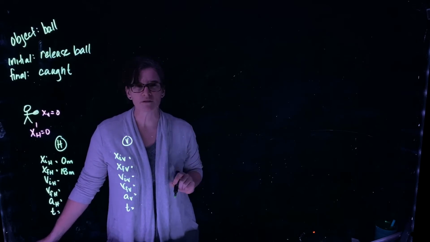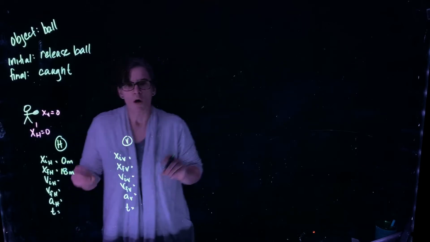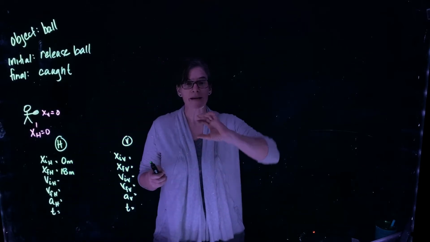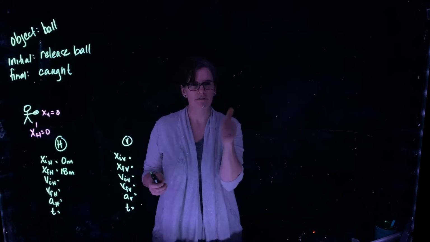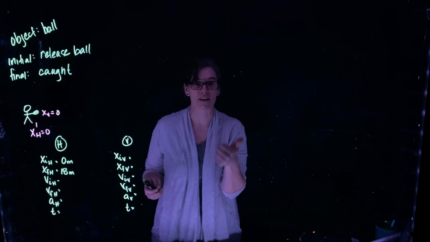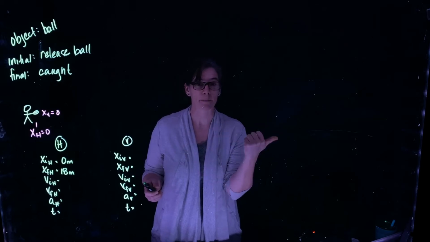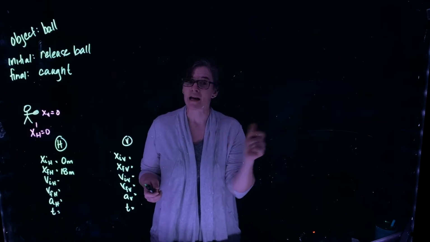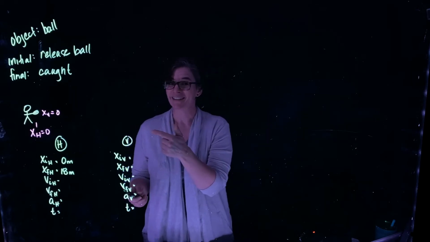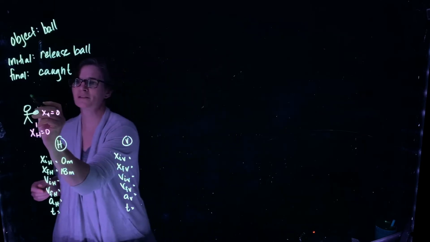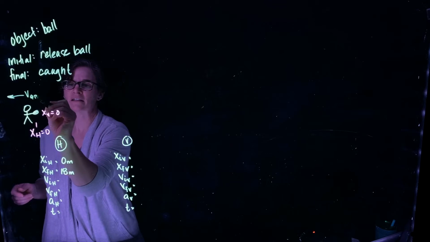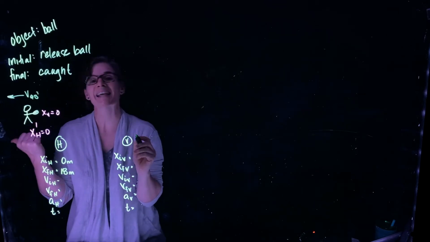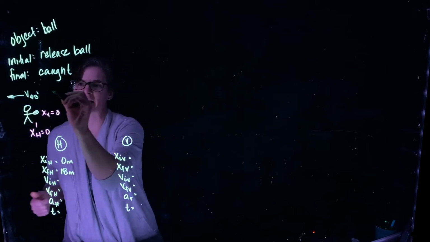Now our initial horizontal velocity, we have to be careful. The quarterback's going to throw that ball to the right to that player downfield, giving it a horizontal velocity towards that player. But the quarterback's also running to the left. Remember that this quarterback is moving, velocity of the quarterback, 2 meters per second to the left as I've drawn it.